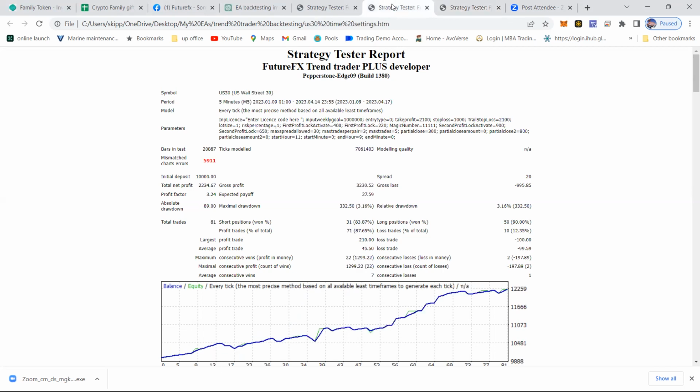Whereas this one here, which is US 30, is making good profit as well, more profit actually, 22% and only 3% drawdown. But you can see it's consistent profit all the way through: win, loss, win, loss.